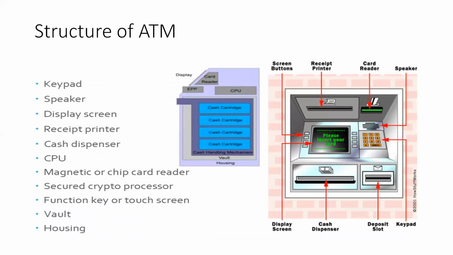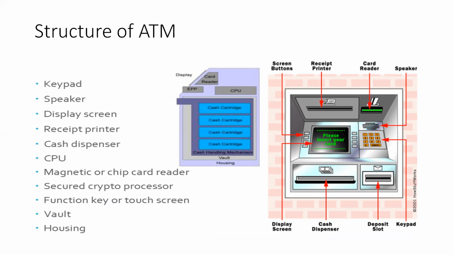Now the structure of the ATM is a little technical, so we can understand how the ATM machine has various parts in it. One is the keypad that you have already seen. There is a keypad where the numbers and even the alphabets are mentioned. Normally, alphabets are used for secret codes, and numbers are used for entering the value of the money that you want to transact.